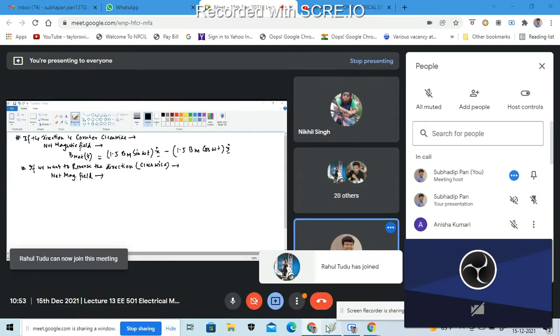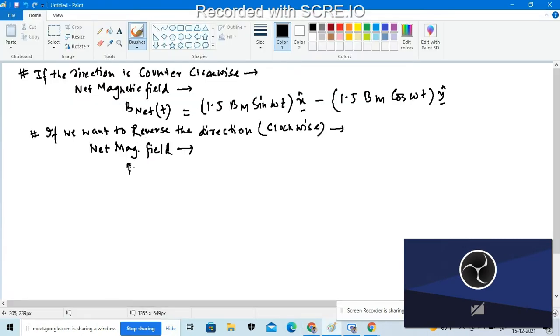So my B net(t) is 1.5 Bm sine of omega t x vector plus 1.5 Bm cos of omega t y vector, right?